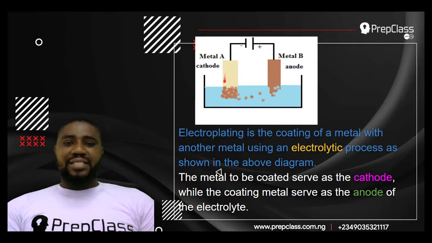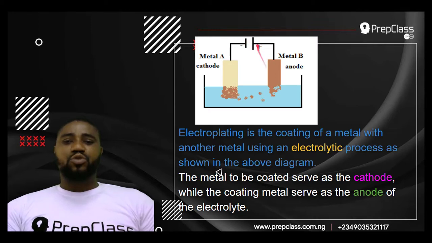Now, look here, this is an electrolytic process. In an electrolytic process, we have a battery. We have two rods or plates known as the electrodes. The positively charged one is called the anode. The negatively charged one is called the cathode, and both are immersed in a solution called the electrolyte. Now, this anode usually dissolves into the solution, and the ions will migrate to the cathode.